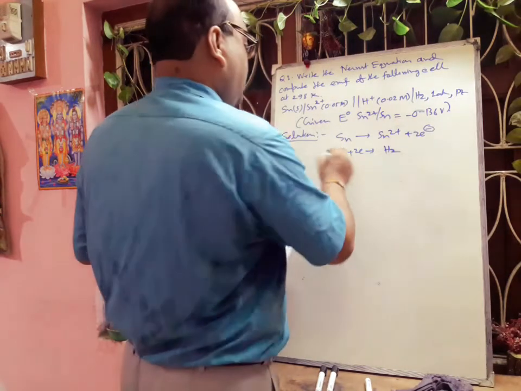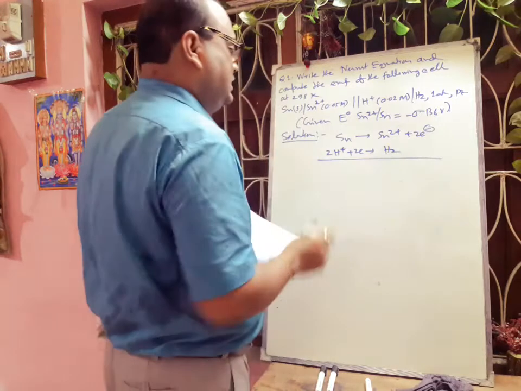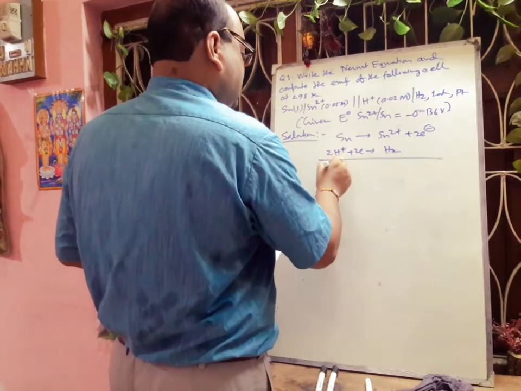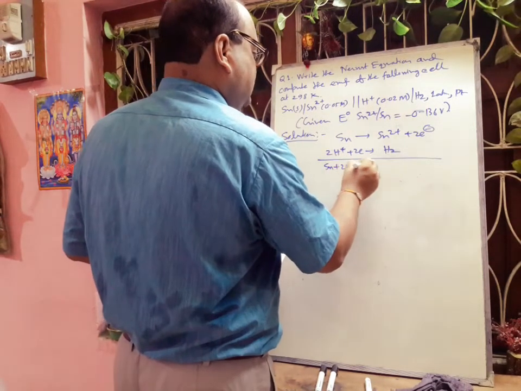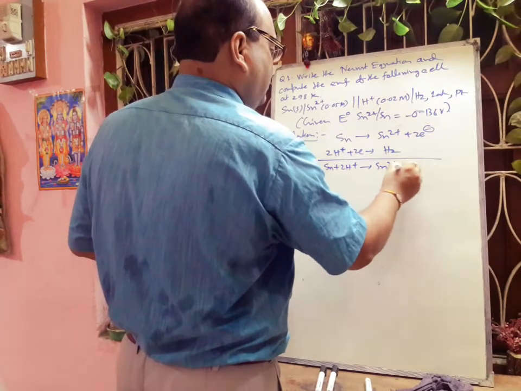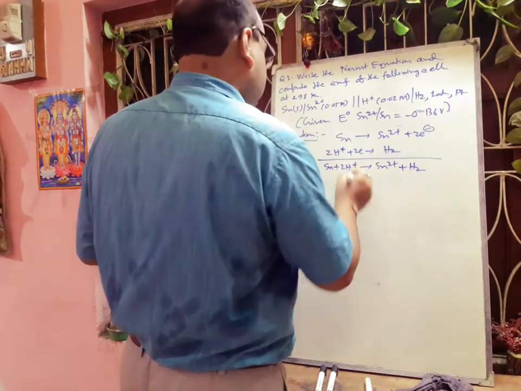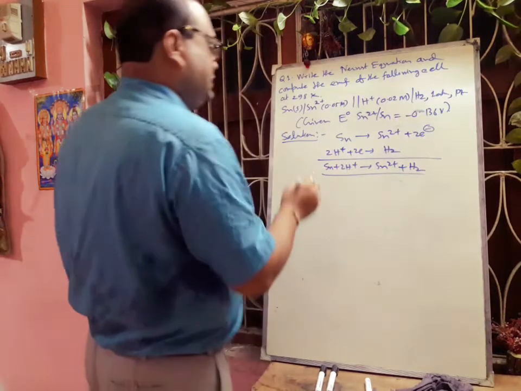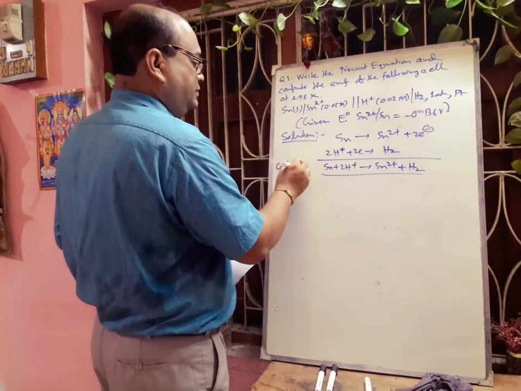Now electrons are balanced, so Sn plus 2H plus forms Sn2 plus and hydrogen. This is our cell reaction.